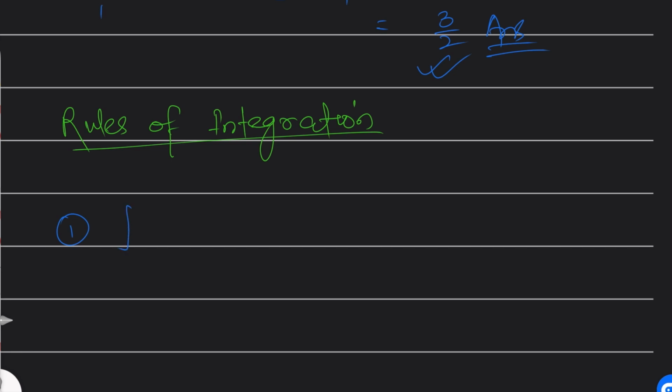For the first rule, if you have a constant that is multiplied with f of x, then you will have to take this constant out, then integrate the function as it is, following the formulas, right?